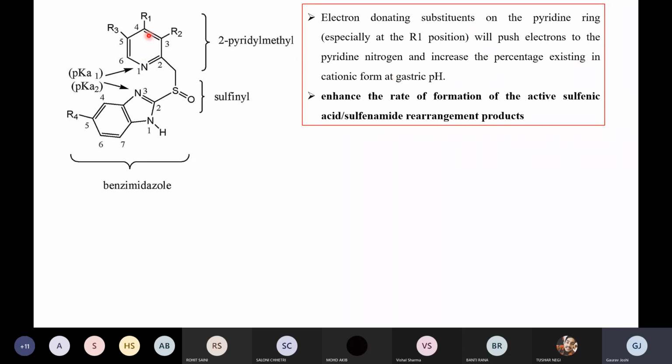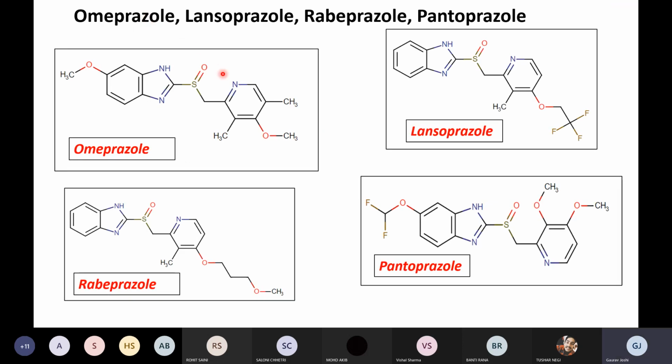So it is saying that this R1 position, the para position to this nitrogen, should have an electron donating substituent. For example, see this molecule, and again here. All are at the para position, the 4th position to this nitrogen, and everywhere the 4th position has an electron donating group, right?